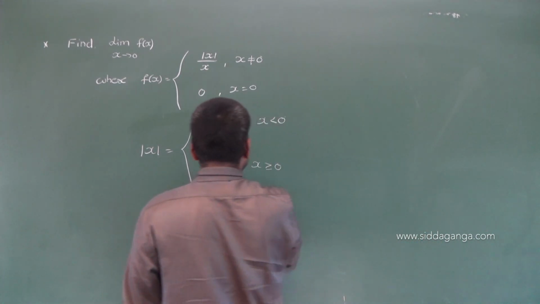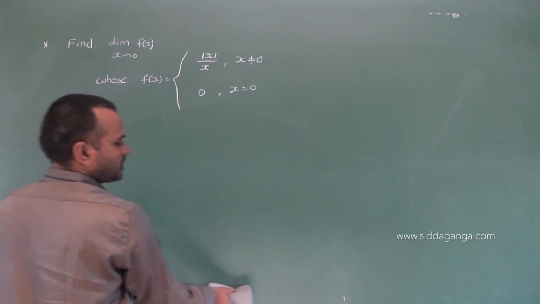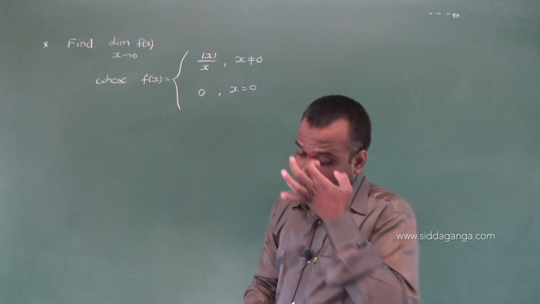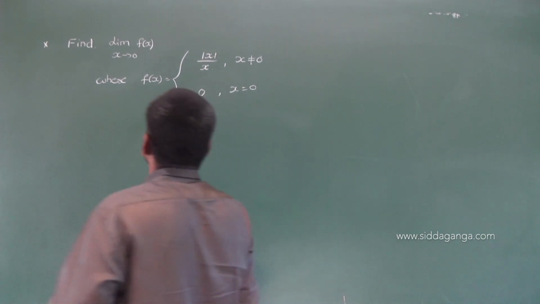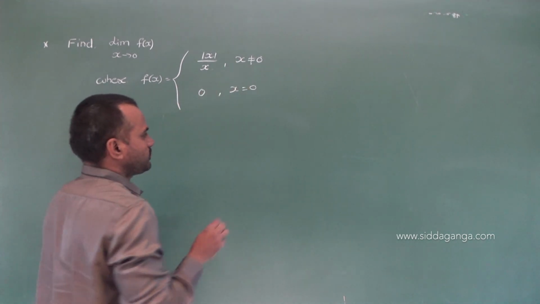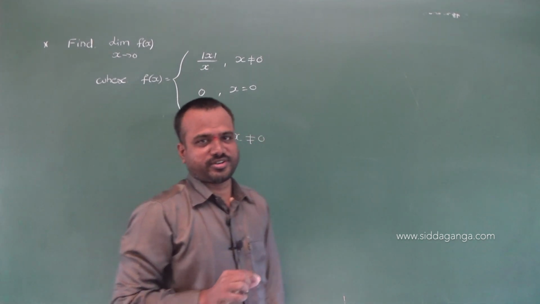Okay, after knowing this one, we go for the functions, because here we are finding the limit as x tends to 0 of f of x, where x is not equal to 0. Sir, what does that mean? This is one more very important point.